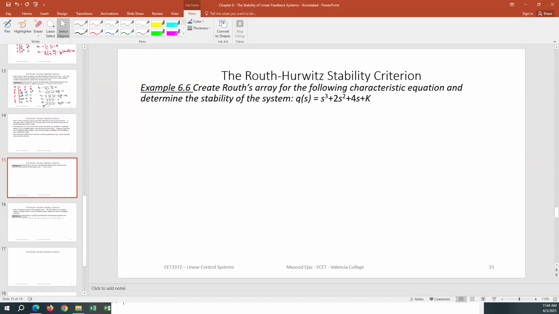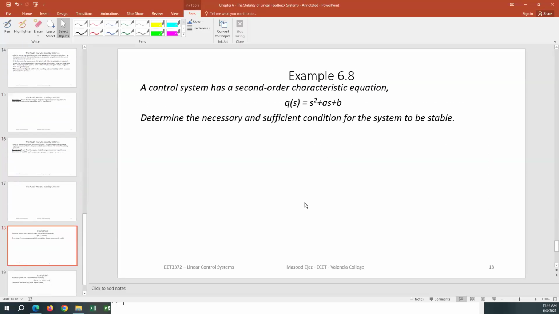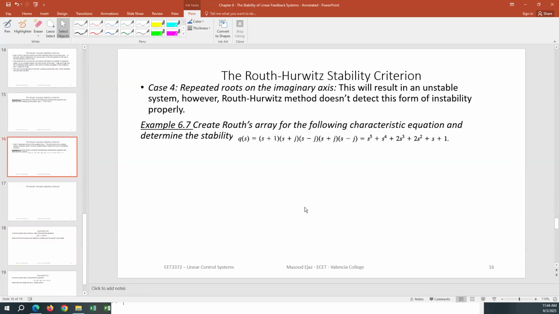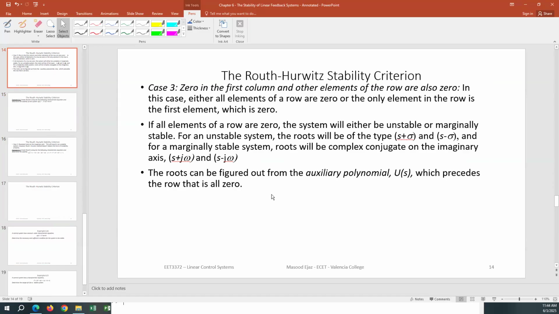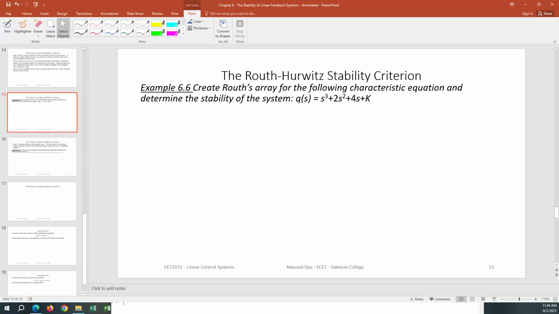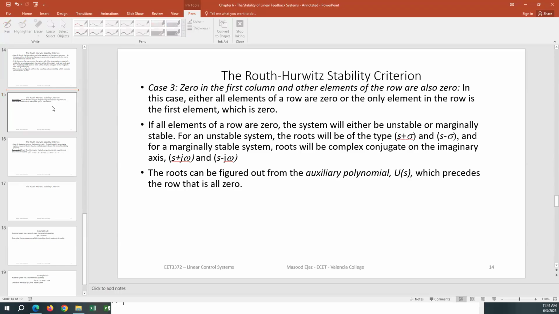I think I'm missing a slide here. Yeah, this is example 6.7. I think I added one more slide last time. Let me do it. So let me go and add a slide here.